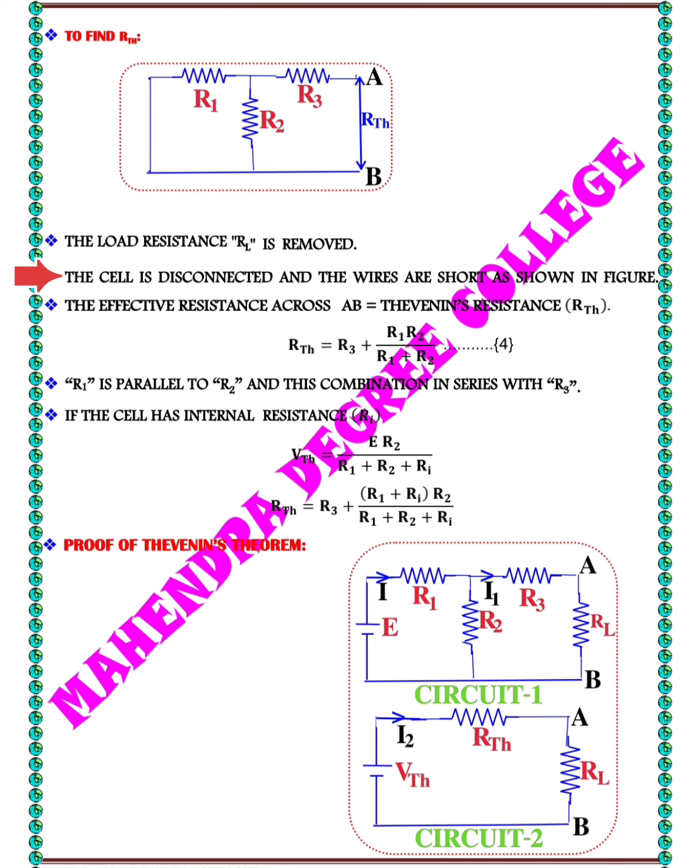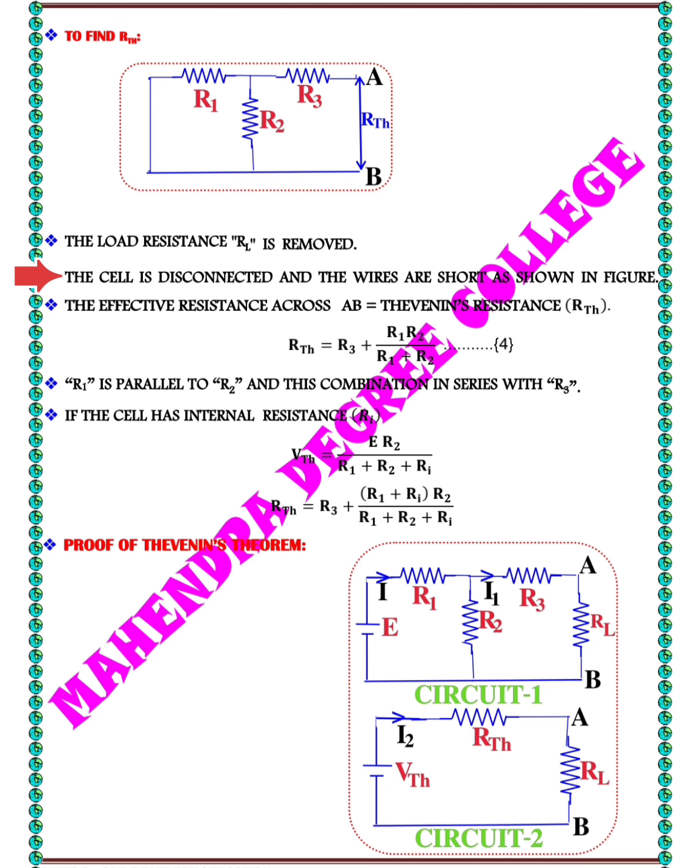It means to calculate Thevenin's resistance, you replace all independent voltage sources with short circuits and all independent current sources with open circuits. Then calculate the resistance between terminals A and B.